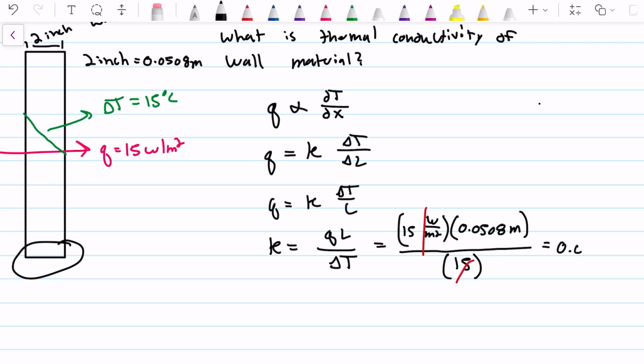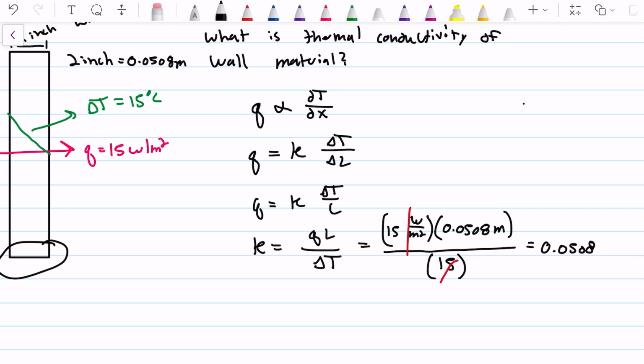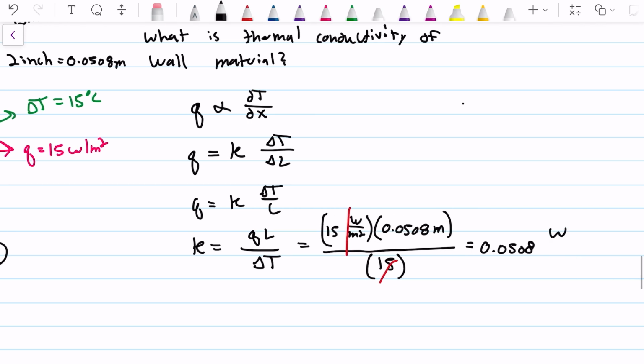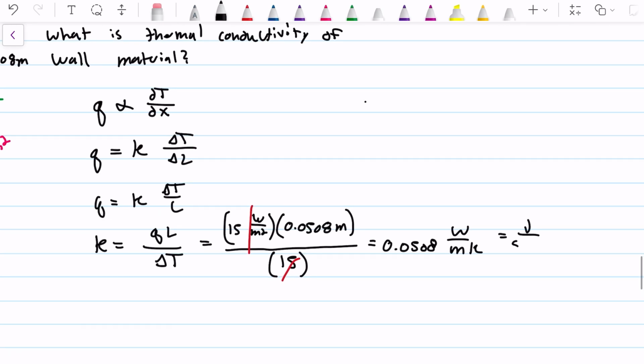You get 0.0508 for our K. And the units of K are watts per meter Kelvin. It's just meter, not meter squared. Yeah, it's energy per time per length per degree temperature, and a watt is a joule per second. So that is our unit.